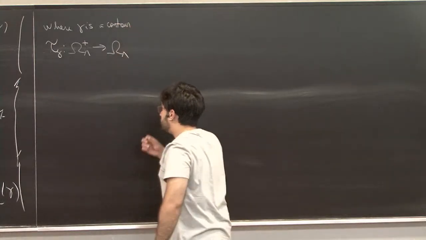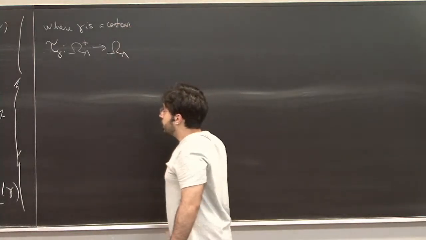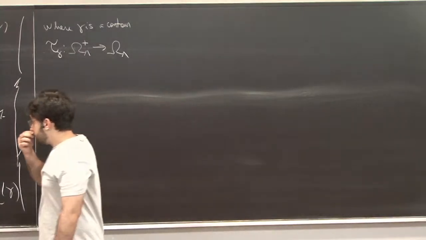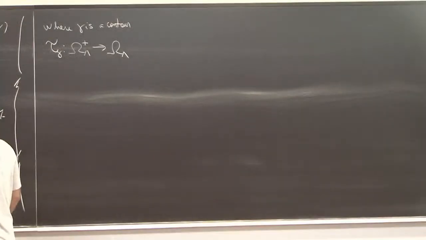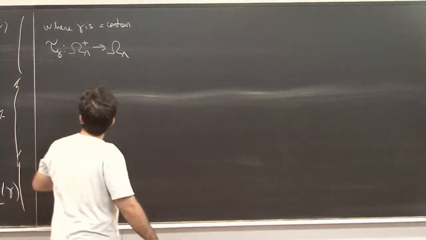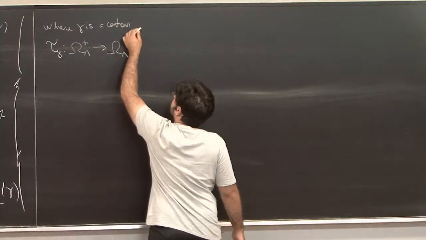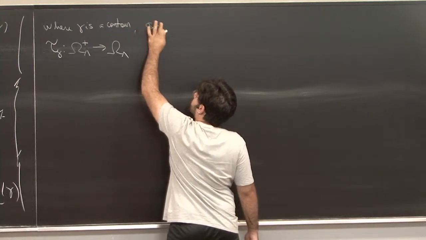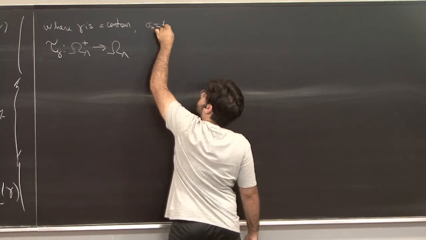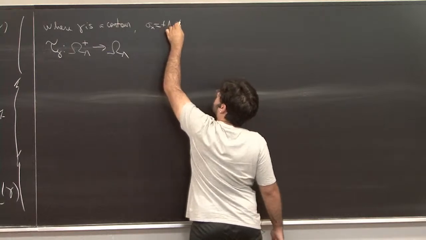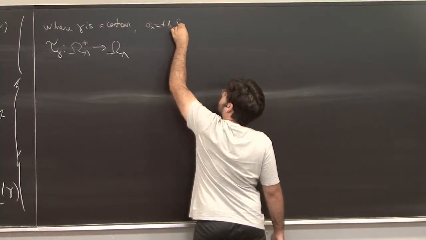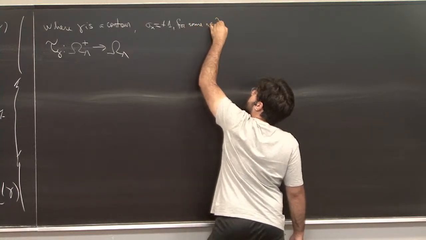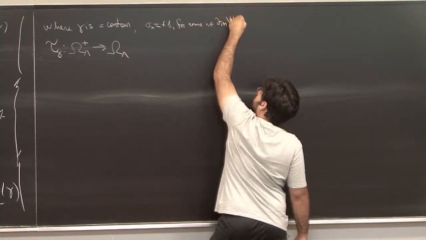Is a contour, okay. And more, we'll ask that for this contour, sigma x is +1 for some x in the inner boundary of the volume, okay?